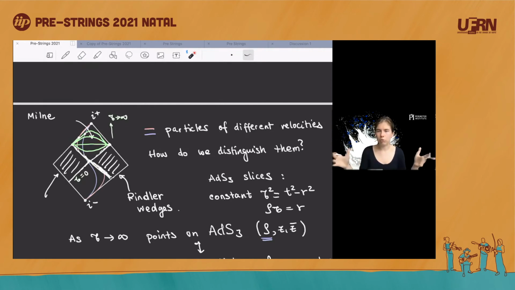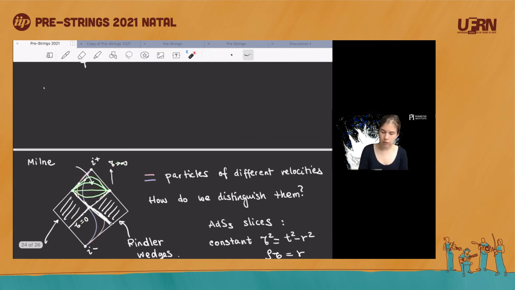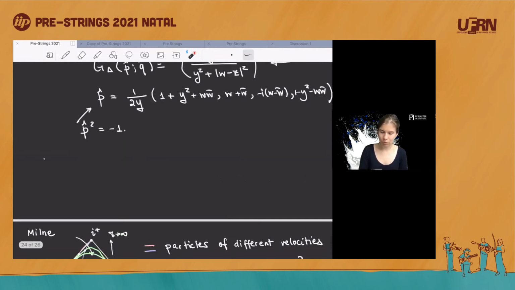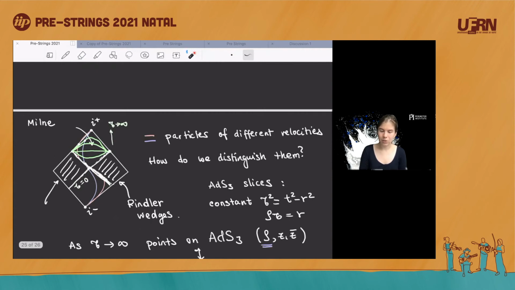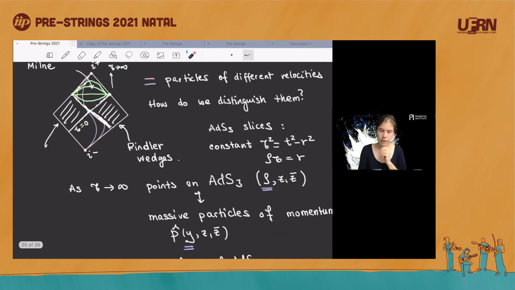This is what the bulk to boundary propagator does. So we have a map which takes these massive particles and identifies them with points on the celestial sphere. And in this picture, the celestial sphere would be this cross-section of the null cone, this common boundary of these AdS slices.